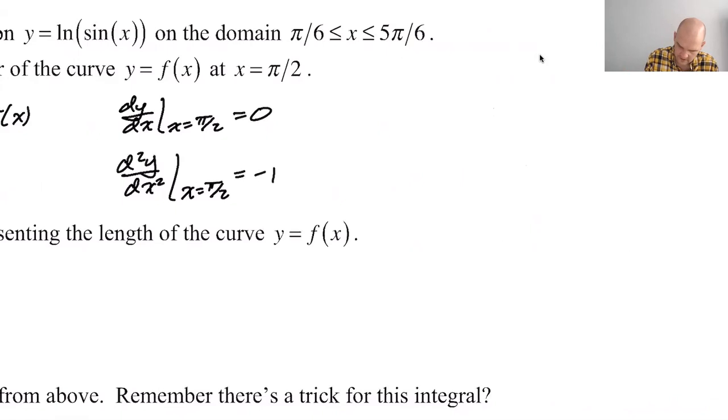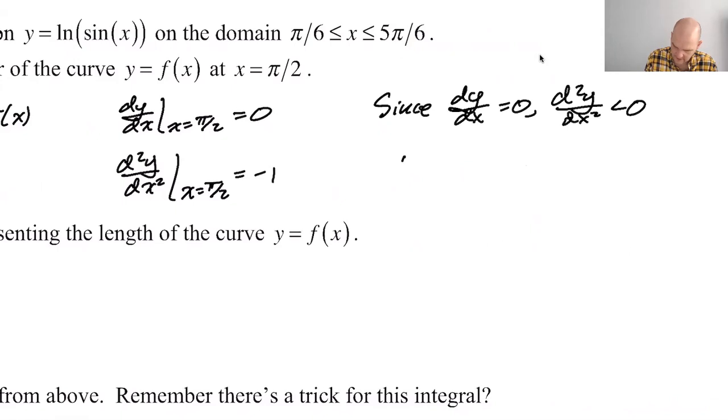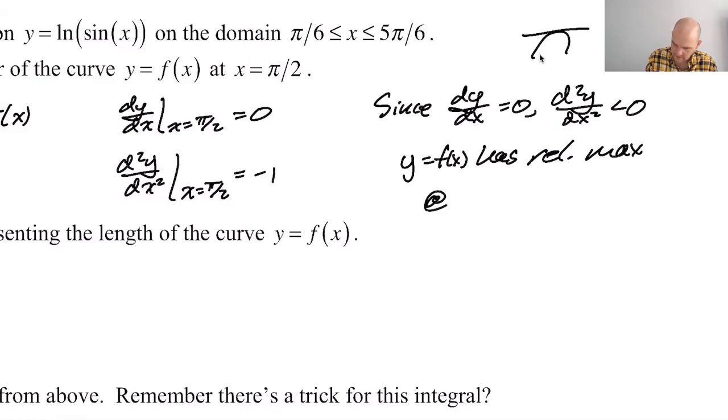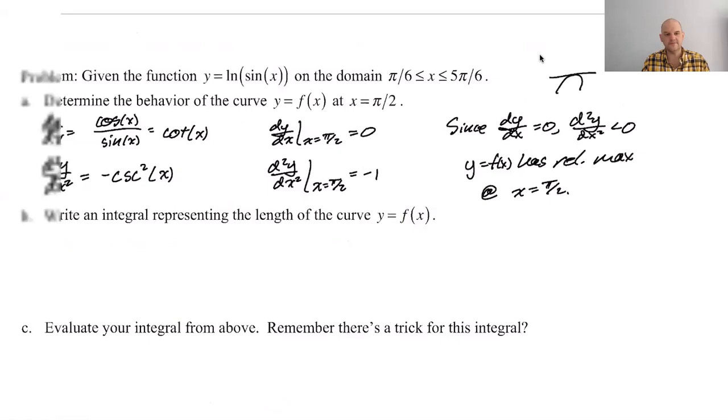So since dy dx equals 0 and the second derivative is less than 0, y equals f of x is concave down, and has a relative maximum at x equals pi over 2. There you go. All right, write an integral representing the length of the curve y equals f of x.